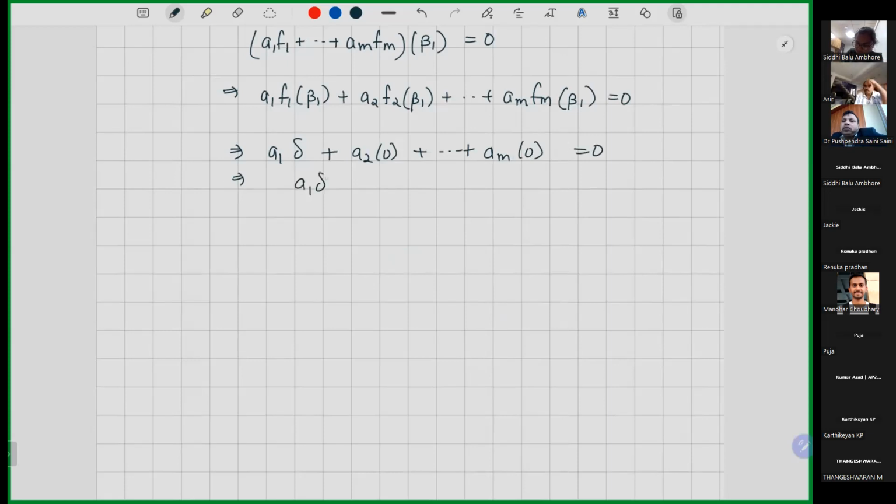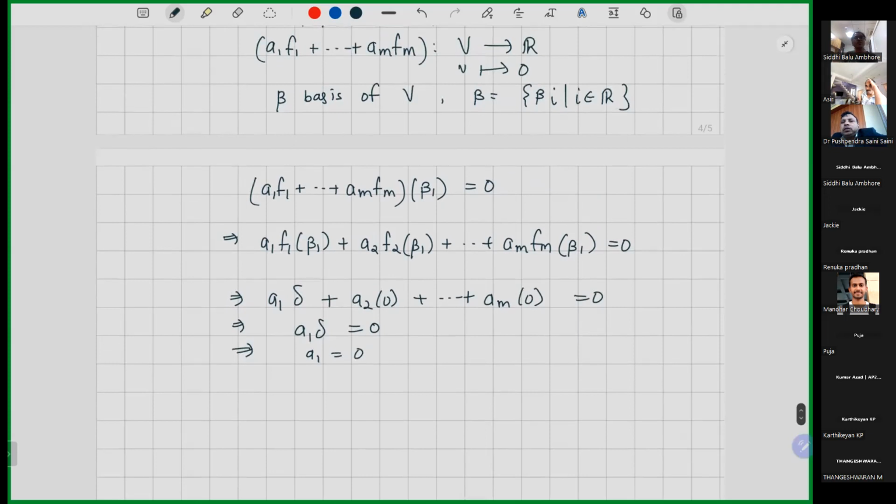So A1 delta is equal to 0. But delta is non-zero, that I know, because it is a basis of R. So this implies that A1 is equal to 0. Now I got that A1 is 0.